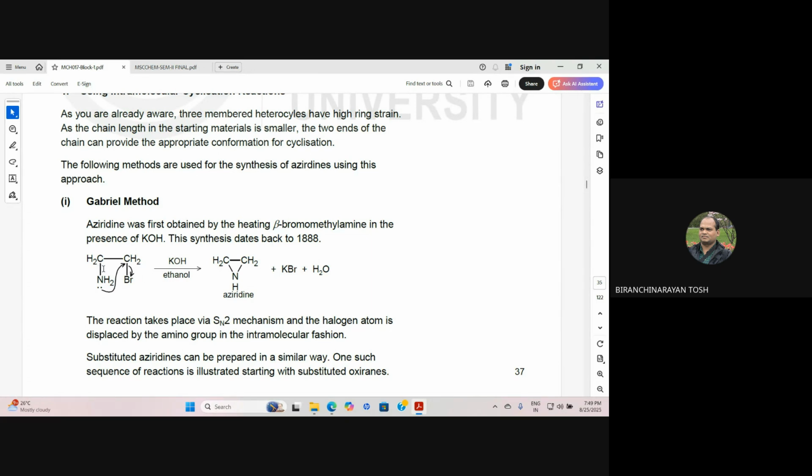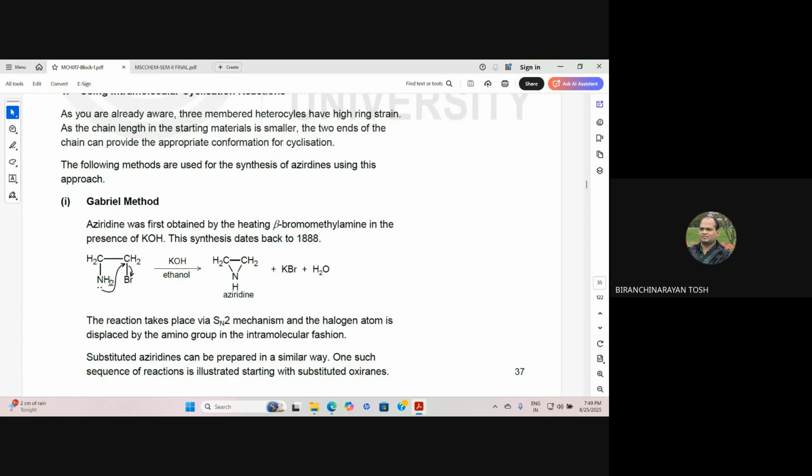KBr, and if amine is not there, one hydrogen should be removed from carbon like an elimination reaction producing water. But removal of hydrogen from nitrogen is easy if an amine group is attached.